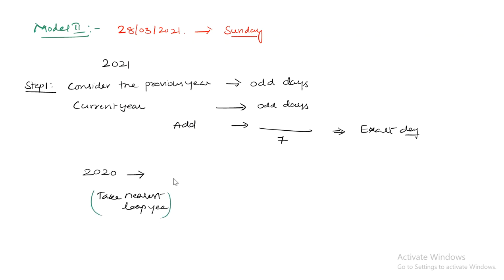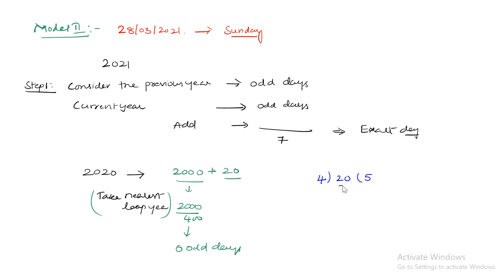So taking the nearest leap year means here we have 2000 plus, I can write, 20. So you know that 2000 is divisible by 400. So how many odd days will it have? It will have 0 odd days. Okay. Now 20. So in order to find how many leap years are present in the 20 years, divide by 4.